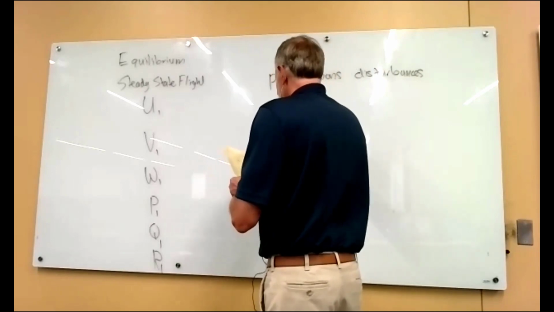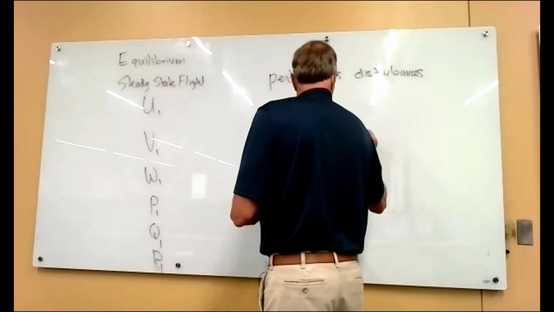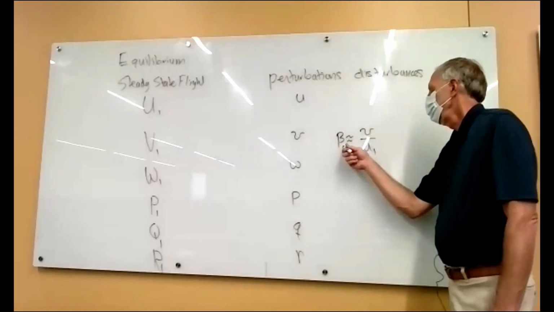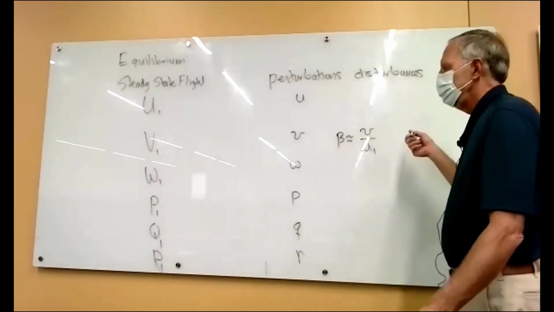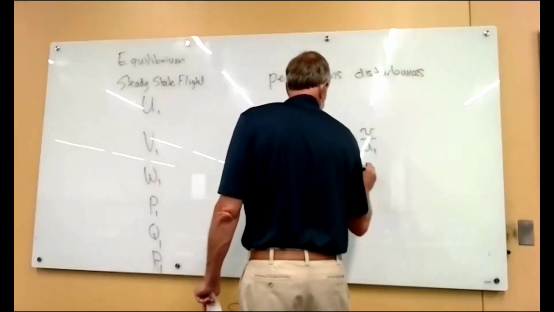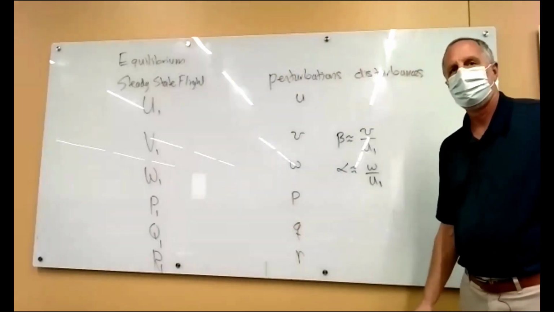Forward velocity we leave alone. The side velocity we usually talk about as a perturbation in sideslip. So instead of talking about v, we talk about a sideslip, because side velocity is what generates the sideslip. And then the vertical velocity generates an angle of attack disturbance.